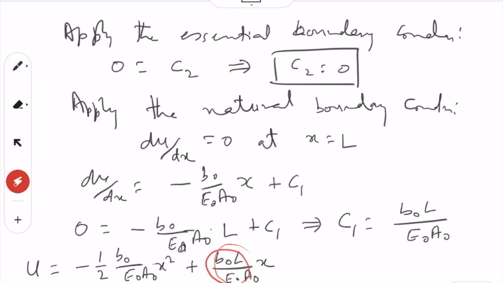This is the c1 x term basically. So this is the answer.